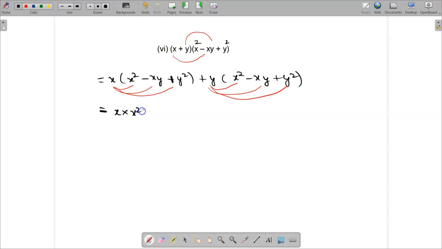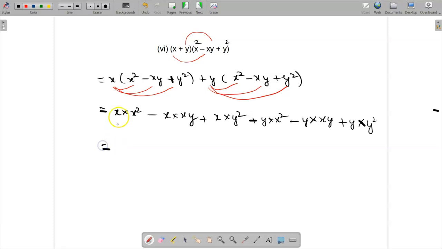Plus into minus is minus x into xy. Plus into plus is plus x into y square. Plus into plus is plus y into x square. Plus into minus is minus y into xy. Plus into plus is plus y into y square.